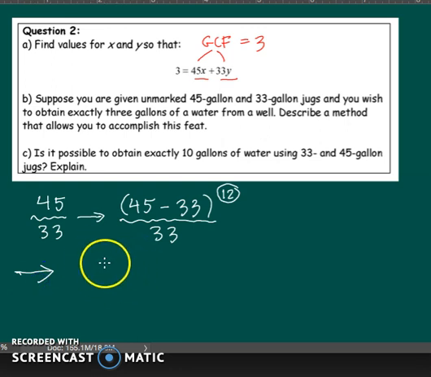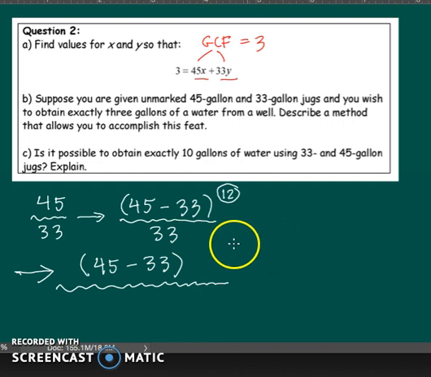So 12 is smaller than 33, and I'm not going to touch that. So I'm going to rewrite 45 minus 33 on top. And on the bottom, I need to subtract 12 from 33. So I'm going to write 33 minus, but I'm not going to write 12, I'm going to put 45 minus 33.